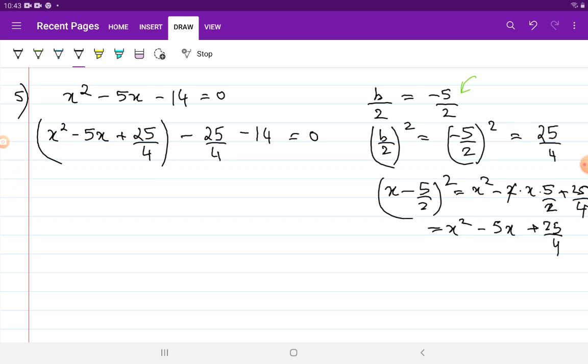So yes, the x square minus 5x plus 25 by 4 can be written as x minus 5 by 2 whole square. Remember, it will always be x minus b by 2 whole square.